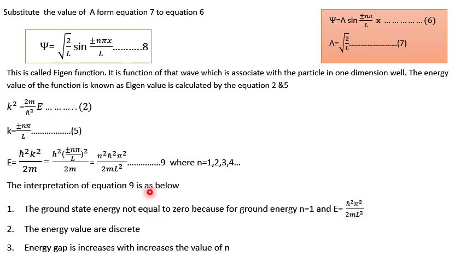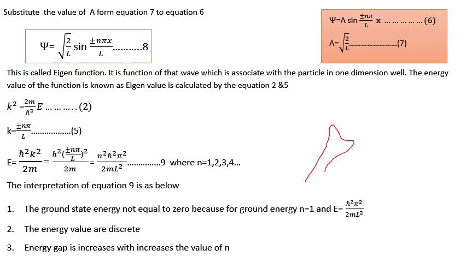Now, because n is equal to 1, 2, 3, 4, it means that the energy values are not continuous. What does it mean? It means that the particle is not moving continuously, as if inside a band, moving along one line.